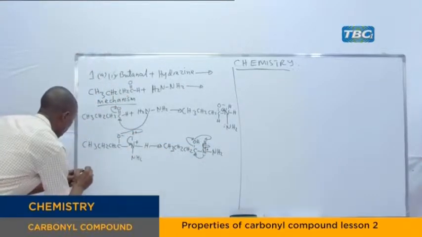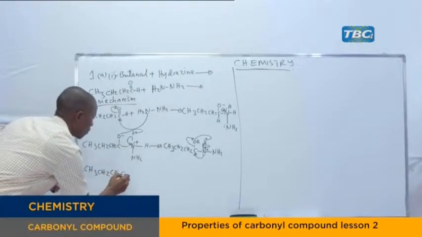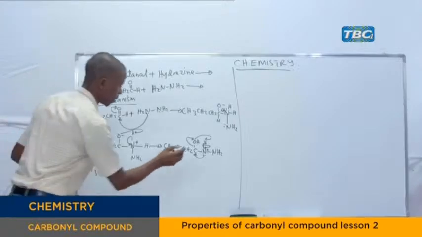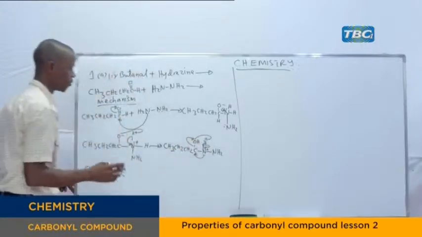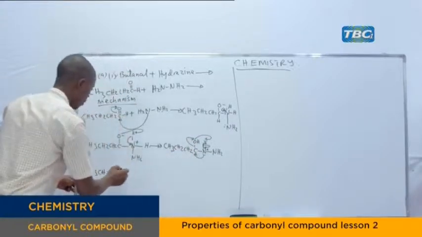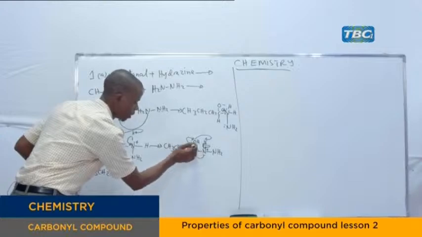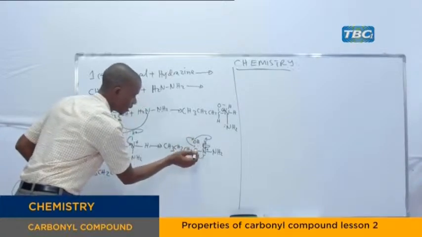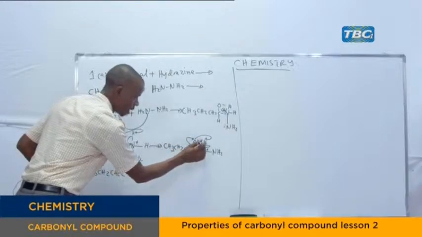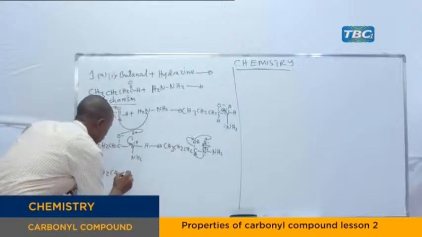So we are going to have the following compound. That means this hydroxide ion and hydrogen ion will form water. When electron is moved from carbon to oxygen, that means this will remain positive, and the electron comes here, it will be negative. Therefore, there will be a formation of a double bond there.